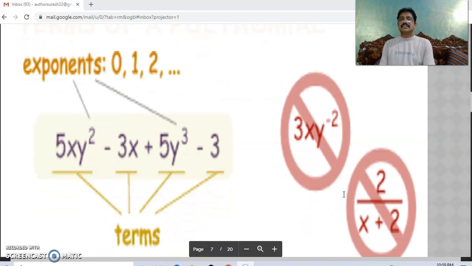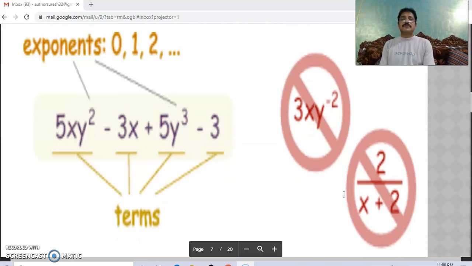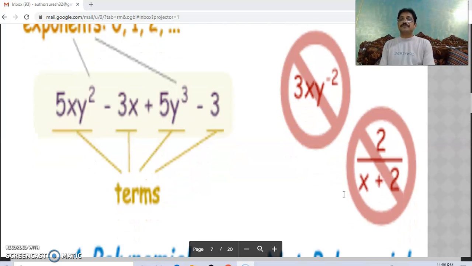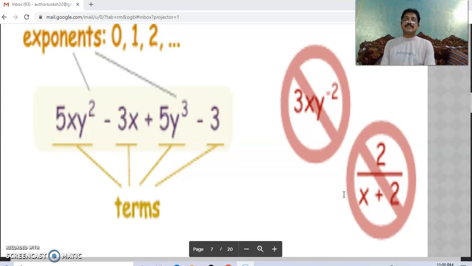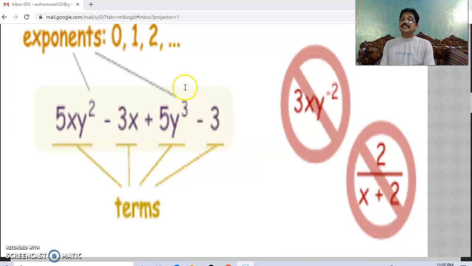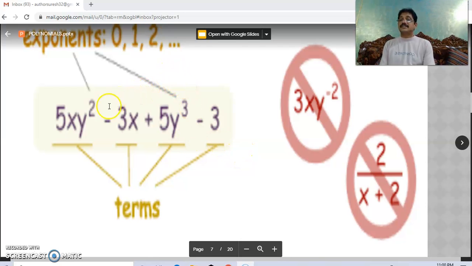Now take a first look at some expressions. Here 5xy square minus 3x plus y cube minus 3. It is an expression. 5xy square, minus 3x, plus y cube, minus 3, these are the terms, correct?